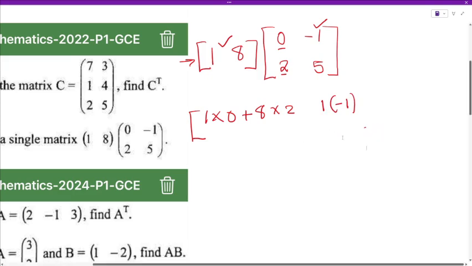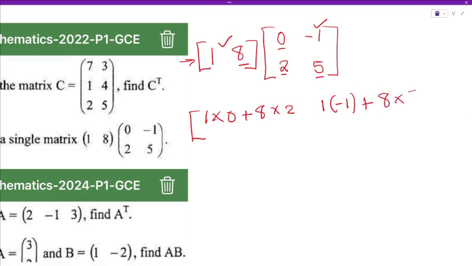It's one and the same thing. 1 times -1, then I say plus 8 times 5, 8 times 5, and I'm done multiplying the first matrix with the second matrix. At this point I can go ahead and simplify. So I'll say 1 times 0 is 0 plus 8 times 2 is 16. I'll leave some space simply because I'm switching to these guys. 1 times -1 is -1 plus 8 times 5, that is 40.